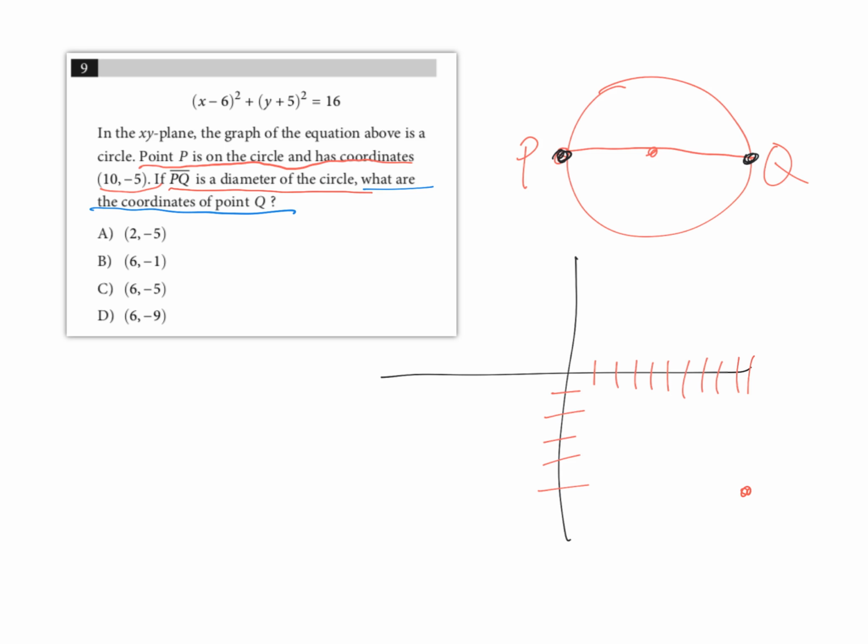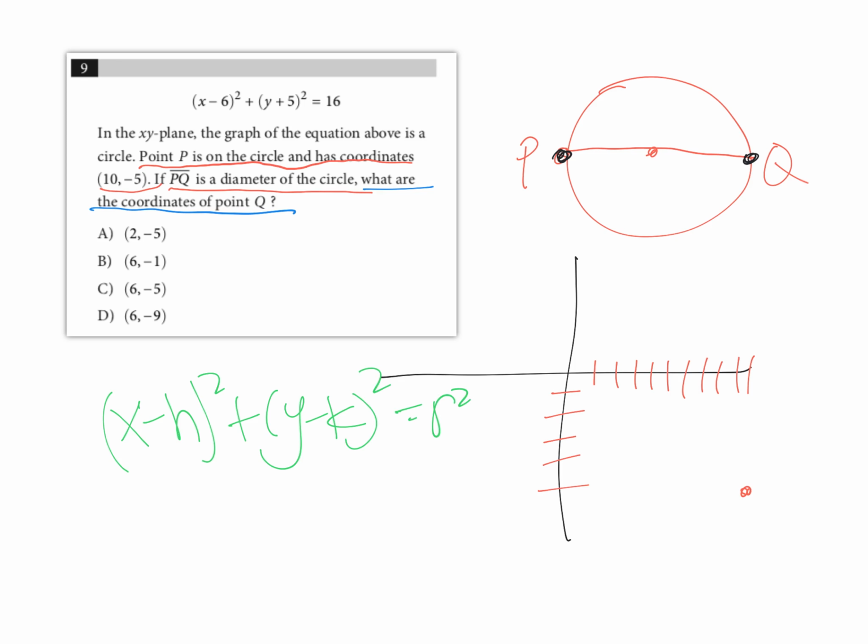Now, you learn the equation of a circle in geometry, and it tells you different things. Some of you might say, I do not recall. Okay, let's remind you. An equation of a circle looks like this: (x - h)² + (y - k)² = r².